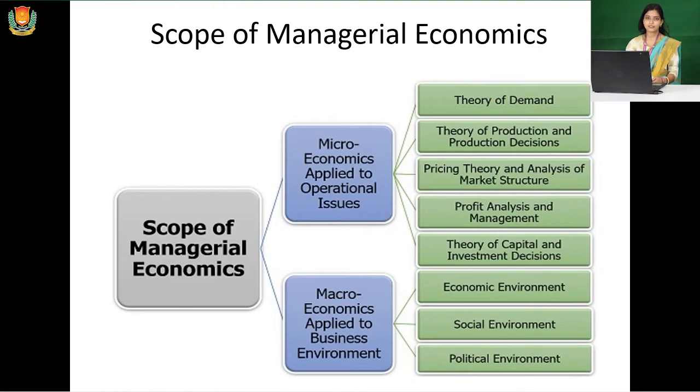So these factors affect your business either directly or indirectly. If I am talking about the political environment, if the government changes any policies, we have to follow the rules and regulations, so this affects your business. For example, GST.